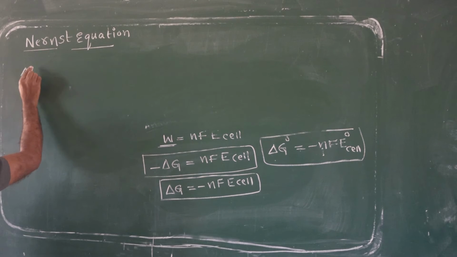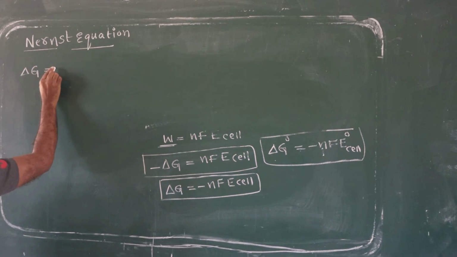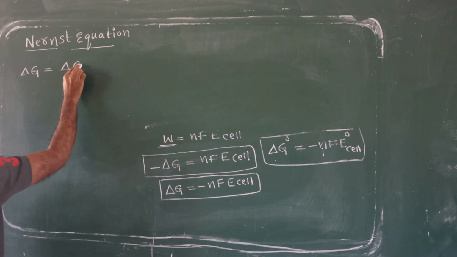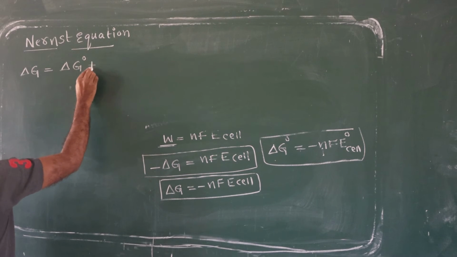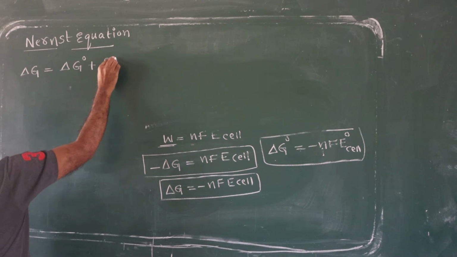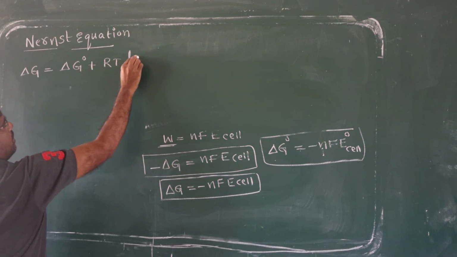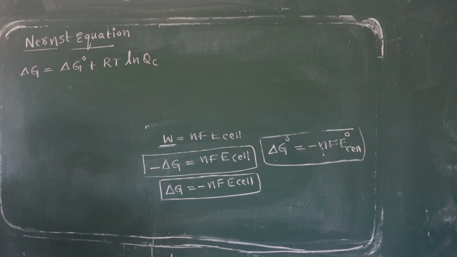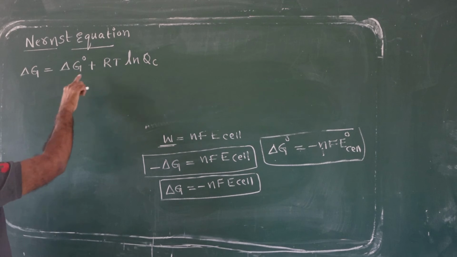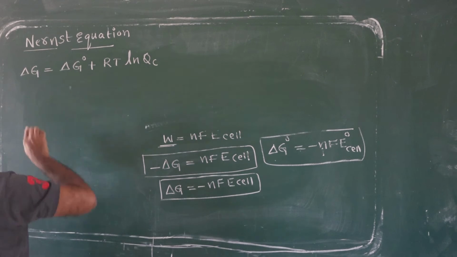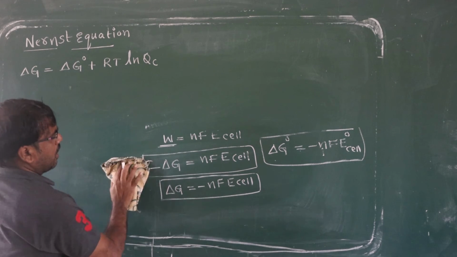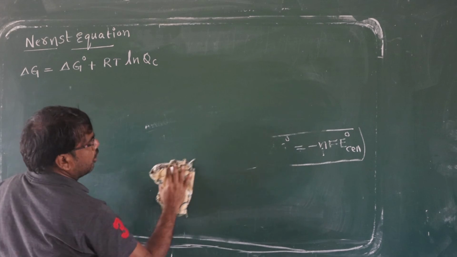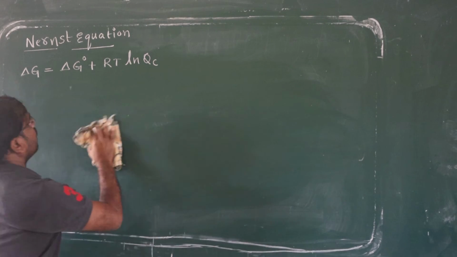Delta G is equal to delta G naught plus RT ln Qc. This relation we have in first PUC thermodynamics.